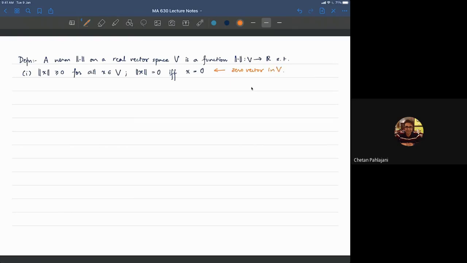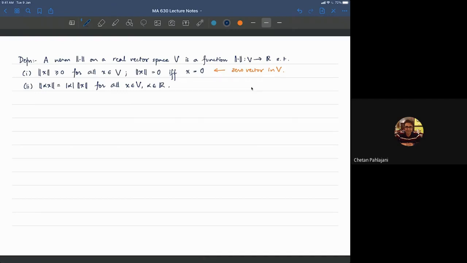So that's the first property. Second property is that norm of alpha x equals absolute value of alpha times norm of x, for all x in V, alpha in R. This is something you expect of a norm, right? Norm of 4 times a vector is 4 times norm of the vector.